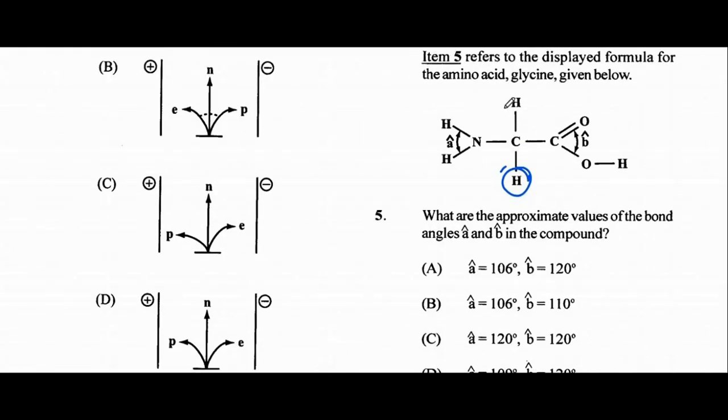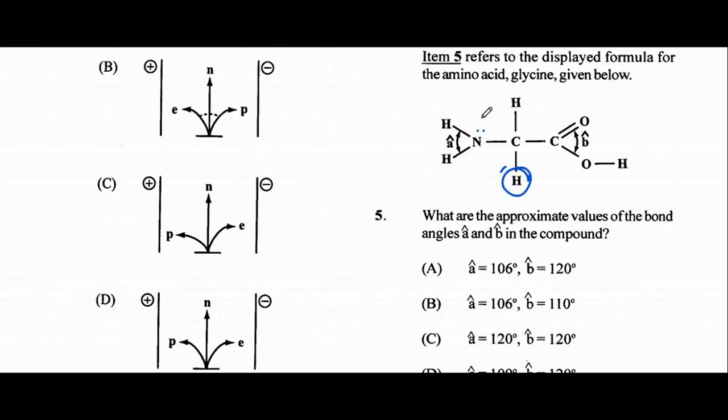All right, we have 1, 2, 3 bonds here, so it's safe to assume that it's trigonal, right? However, this nitrogen here will have a lone pair of electrons. So two electrons, which make a lone pair, right?